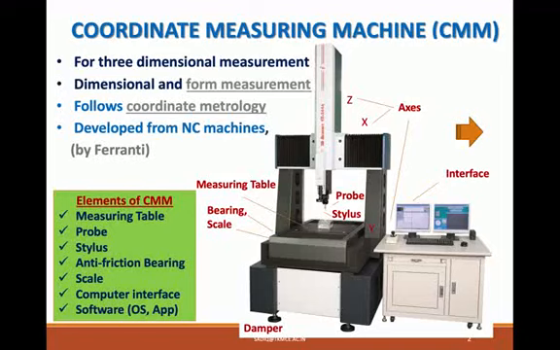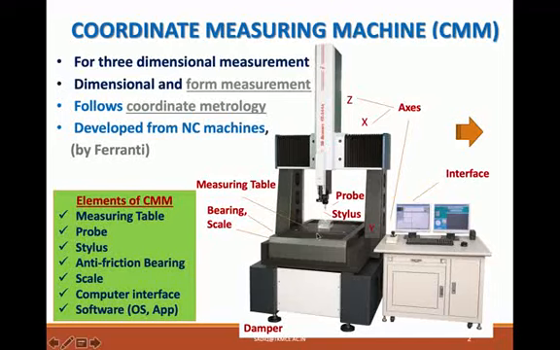Now I would like to give some additional information about the CMM. A CMM typically will have a least count accuracy of 0.1 micron, or even less than that. So during measurement, we cannot afford even a dust particle on the workpiece.